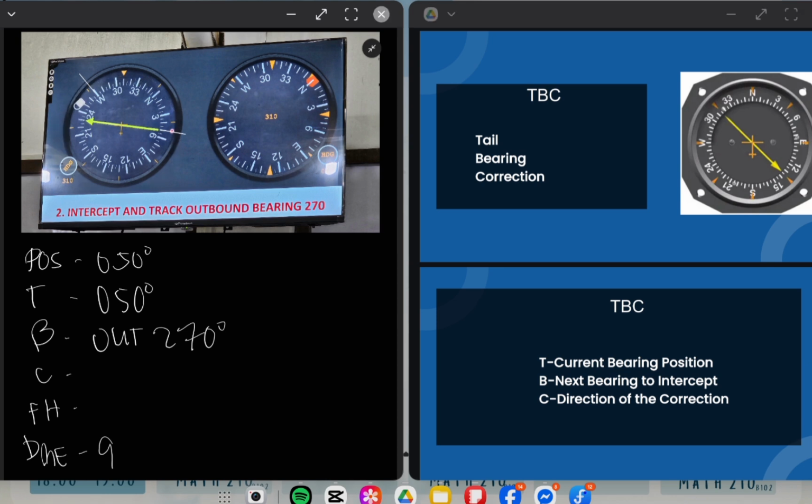Since this is 30, and then 45 is over here, your intercept angle is 45, and your intercept heading is 225. 45 degrees and 225 degrees. Okay, so outbound bearing 270, your final heading is 270 degrees. So there you have it. This is your intercept and track outbound bearing 270.